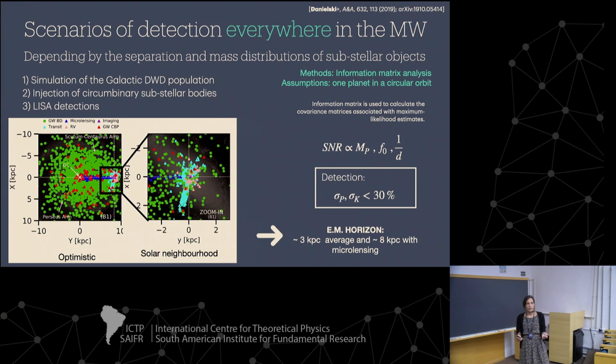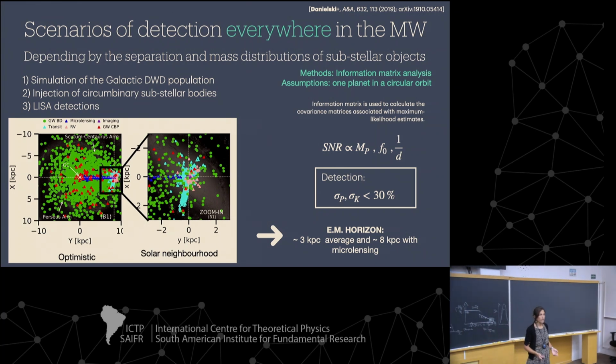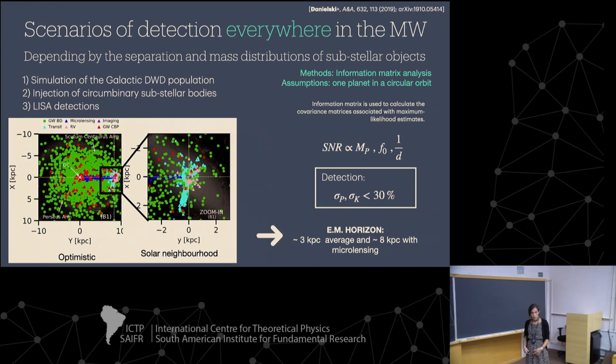So if we only detect planets here, how do we know that what we see about planets is valid for all the other parts of the galaxy? Gravitational waves are a really cool way that enables us to see far away from us, in a chemical region that is very different from what we are used to in our solar neighborhood.